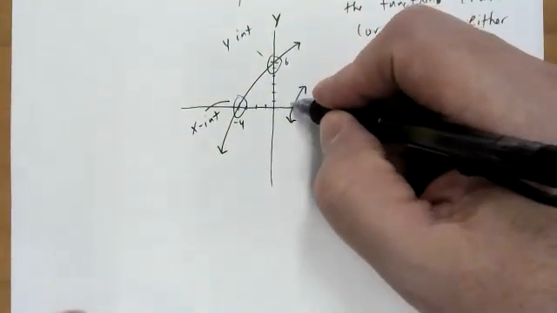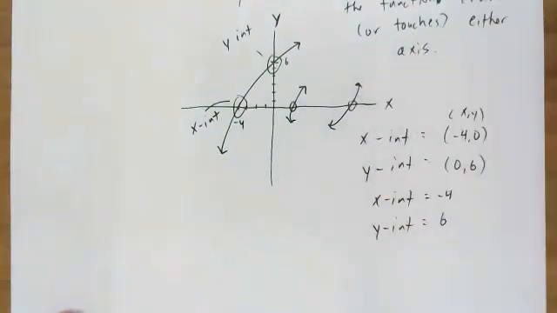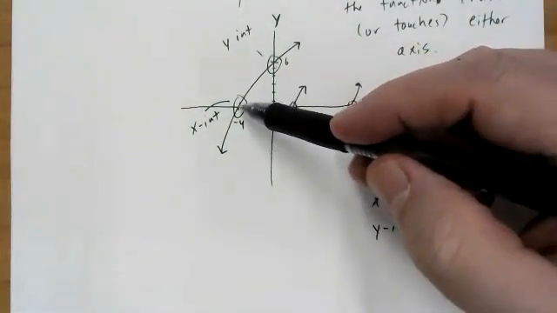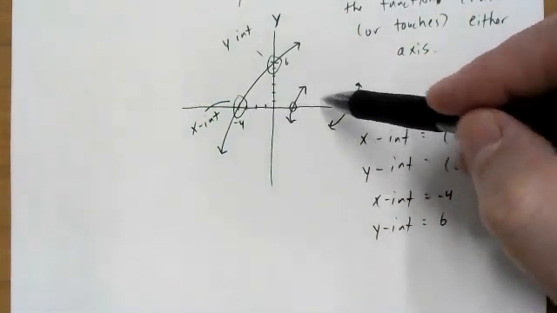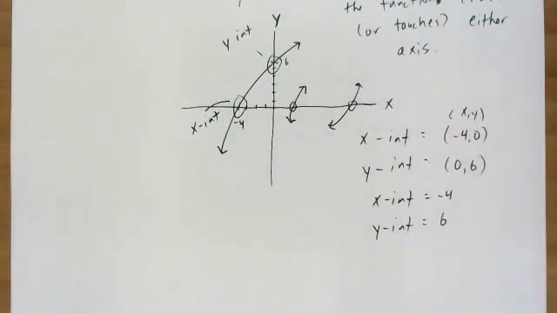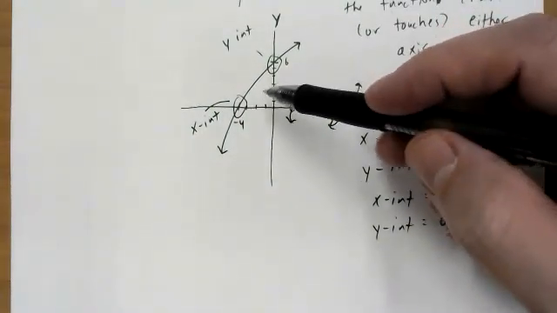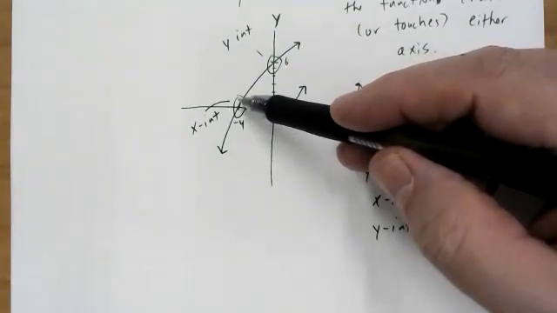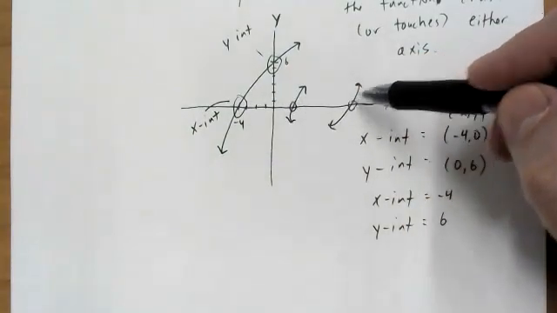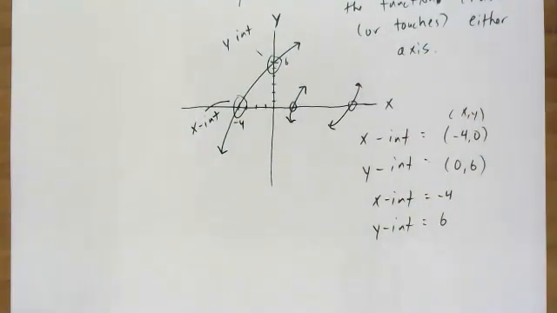So here's an x-intercept, here's an x-intercept. So actually I've got 3 x-intercepts drawn in this graph. What's the value of y for all 3 of these x-intercepts? Well, the value of y is 0 for all 3 of these.